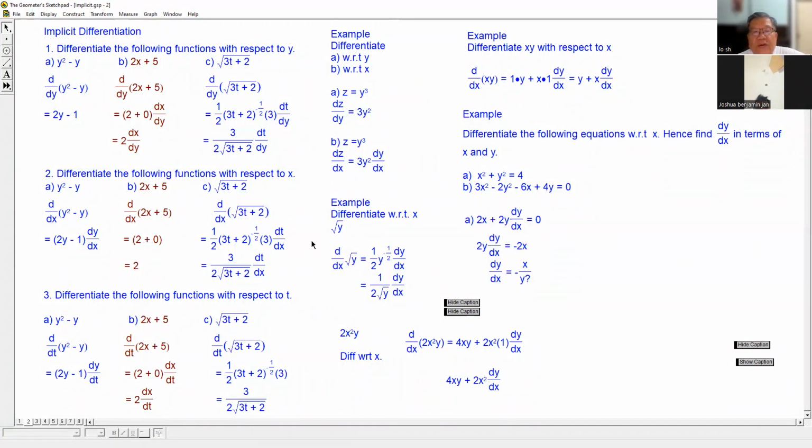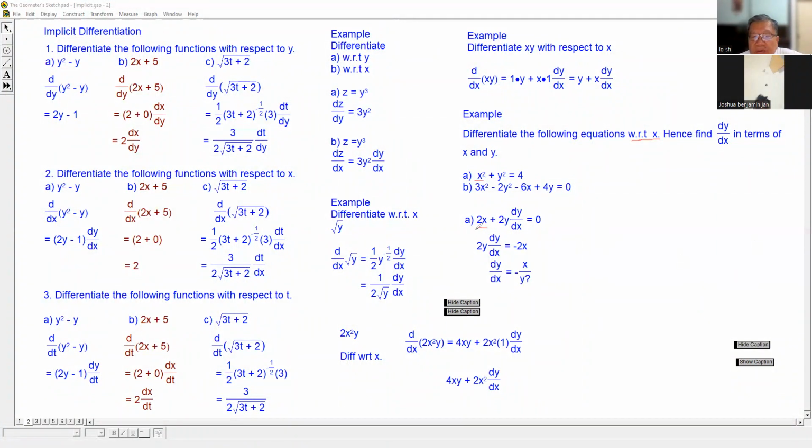Okay, how to differentiate with respect to x? I'm going to explain. Remember, we want to differentiate with respect to x. So x squared differentiate with respect to x is what? Bring down the 2, then less by 1. So it is 2x.